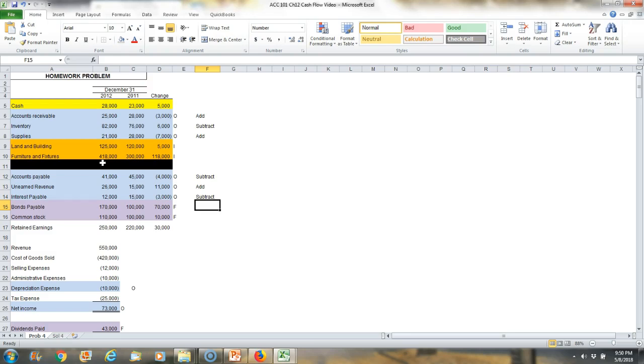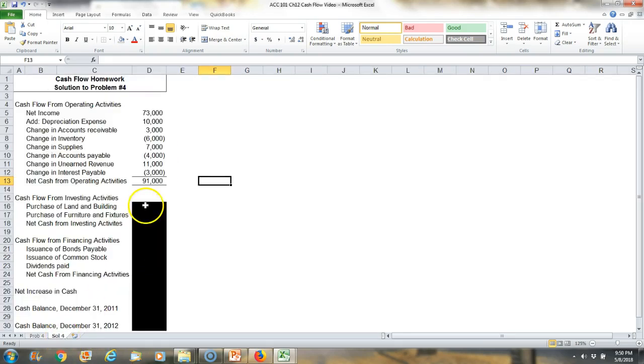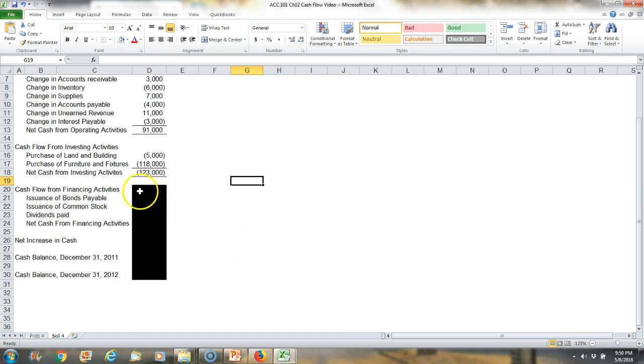Again, that's a cash outflow because now I have more furniture and fixtures. So the $5,000 and the $118,000 would both be subtractions. If I subtotal that, that would be negative $123,000.